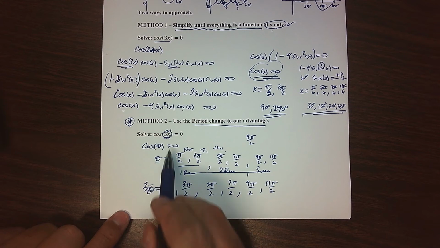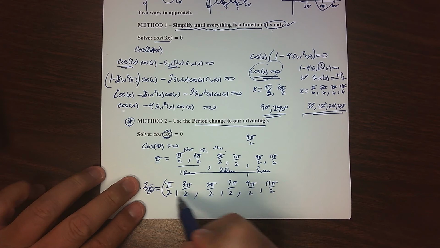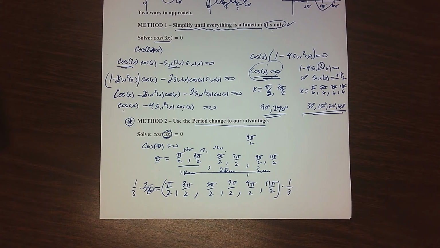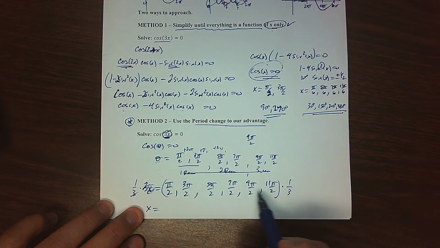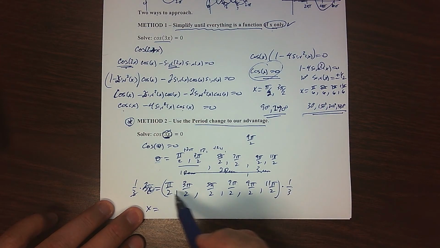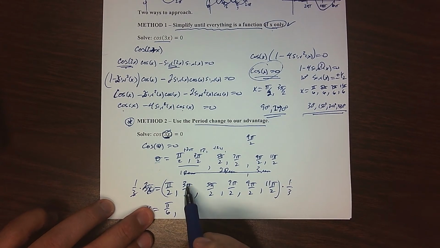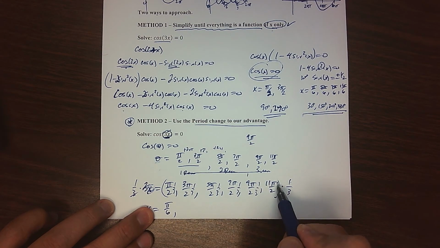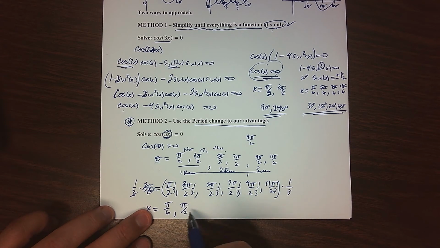Because when I eventually want to solve for x, I'm going to multiply by 1/3, which means I have to multiply everything on this side by 1/3. So over here, the 3's cancel out, leaving us with x. If I multiply everybody by 1/3, pi over 2 times 1/3 is pi over 6. 3 pi over 2 times 1/3, the 3's cancel out, leaving us with pi over 2.